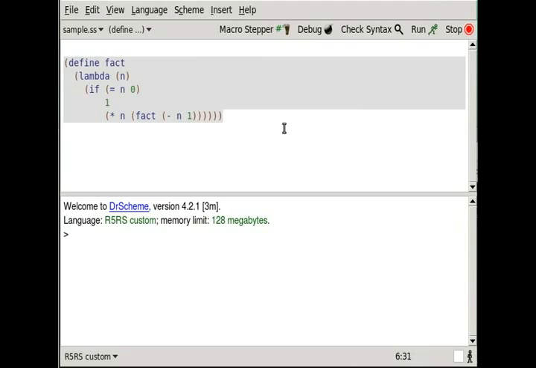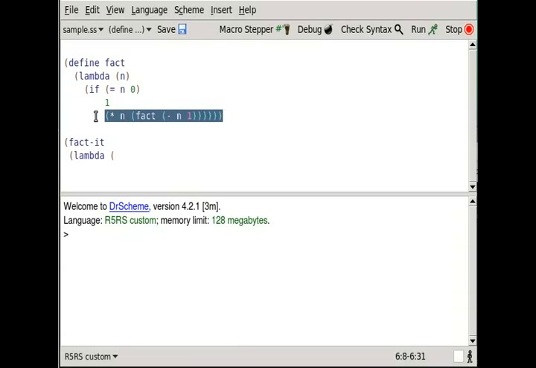Now we're going to do an iterative fact. Call it fact-it. Okay, lambda. Now the trick of this is also called the accumulator method, where instead of multiplying up the value at the end, we include an accumulator on the side of the function as a second argument. So we'll just say n and accumulator.